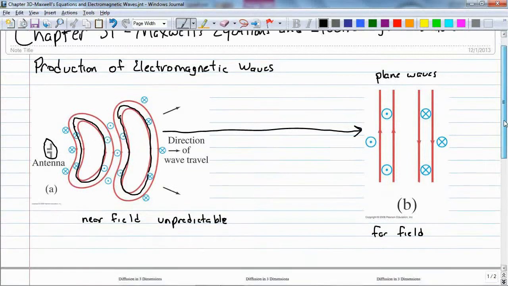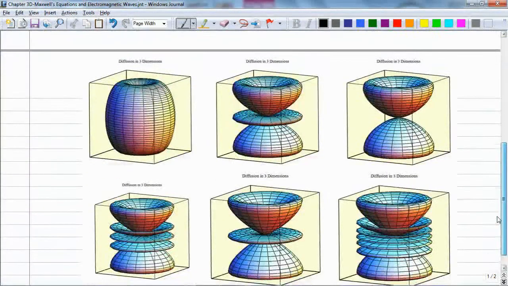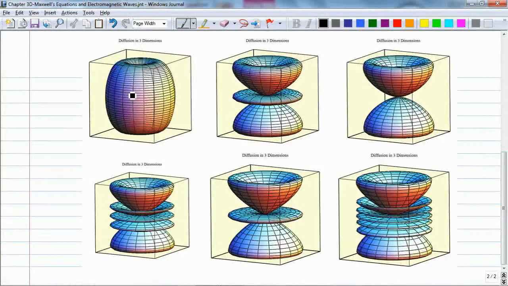Now, if we add multiple dipoles near each other, we can get what are called different antenna patterns or radiation patterns. So here, this would probably be one dipole. And if we were to look at it in 360 degrees, it looks like a donut shape.